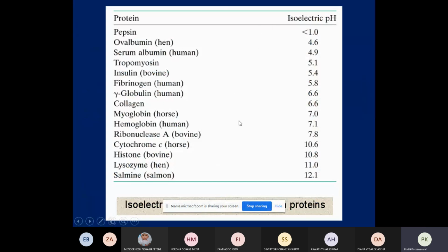So different proteins have different pI values, and this is very, very important to understand. The pI value, as I already said, is the pH at which the net charge on the protein is 0, the isoelectric point. And you can see here some proteins have higher pI values and some proteins have lower pI values, and this pI value is dictated by the amino acid composition of the protein.